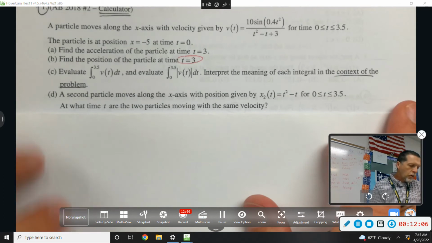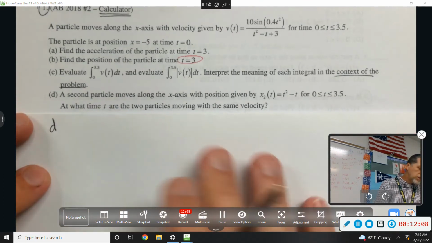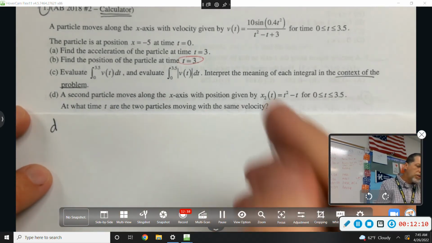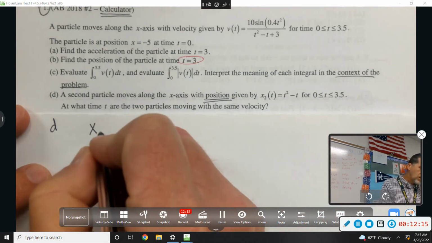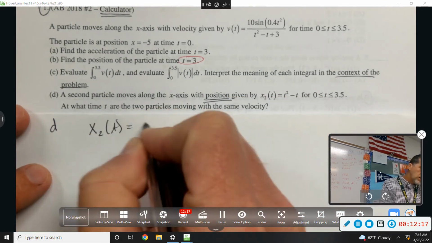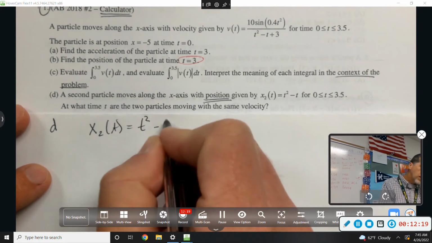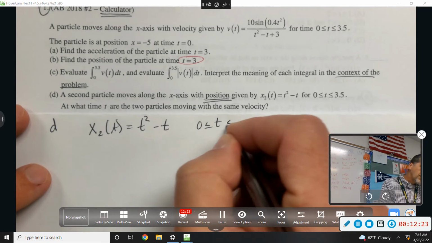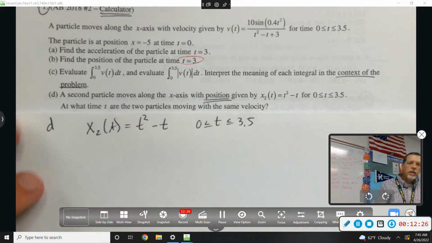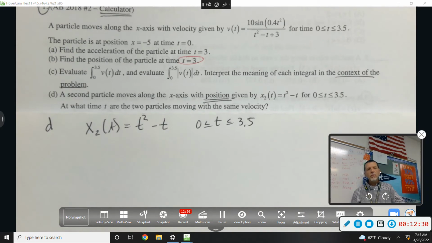A second particle moves along the x-axis with position. Okay, so be careful. Position is t squared minus t, also from 0 to 3.5. At what time are the two particles moving with the same velocity?